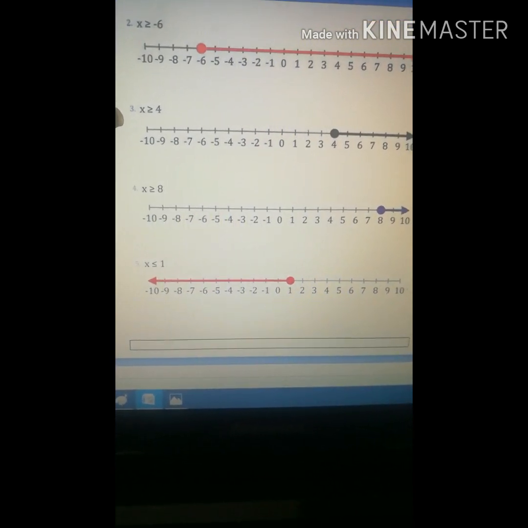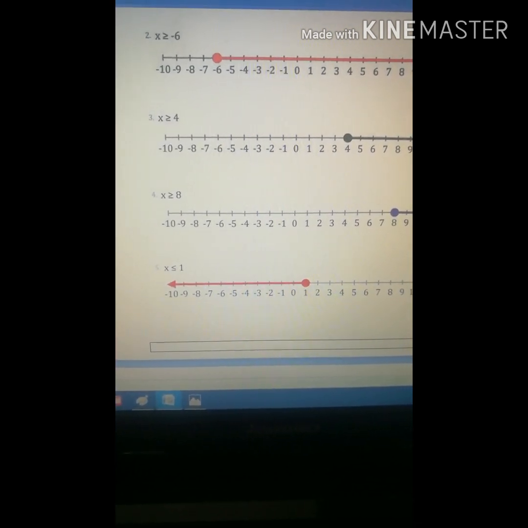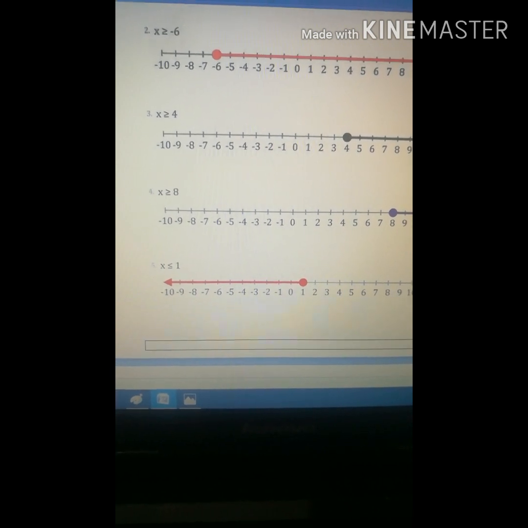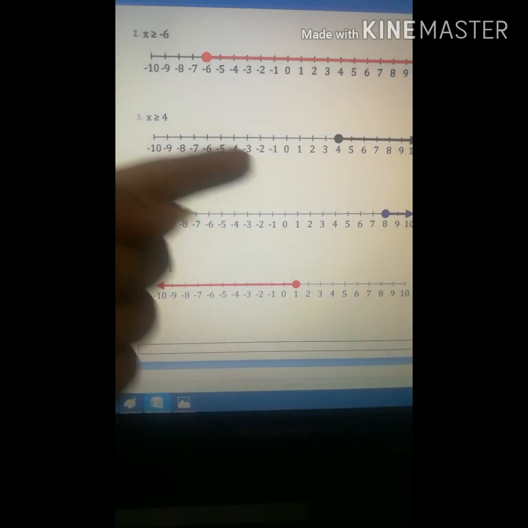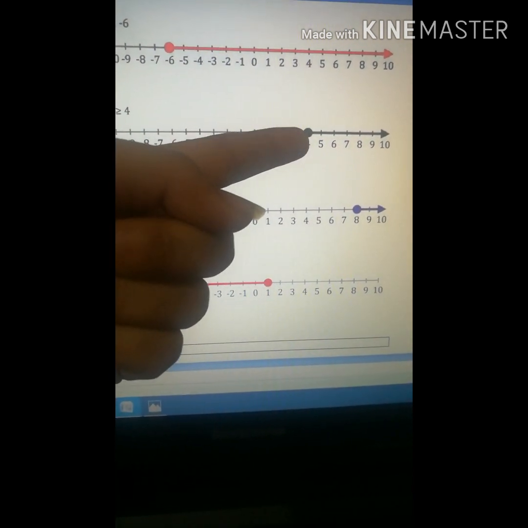Number 3, we have x, the variable, more than or equal to 4. So where is the starting point? At 4. Here is 4, and I want x more than or equal to 4, so you shade it at 4.